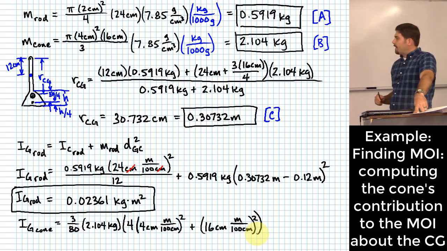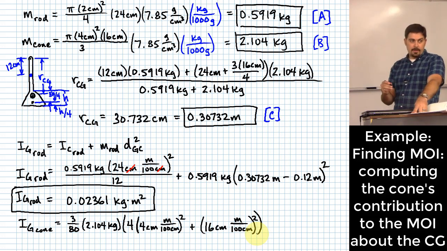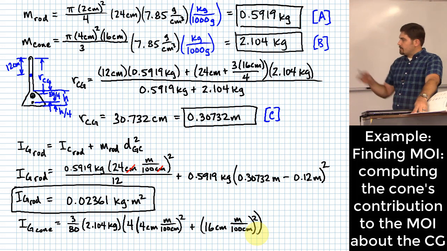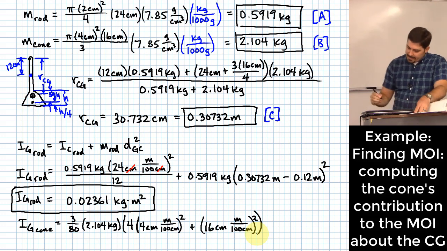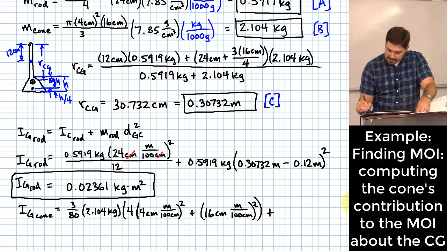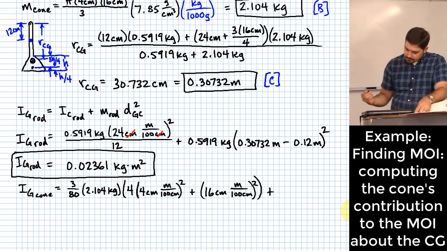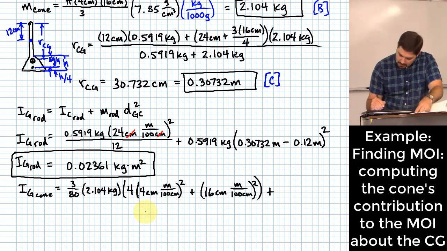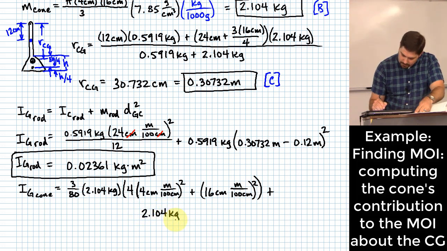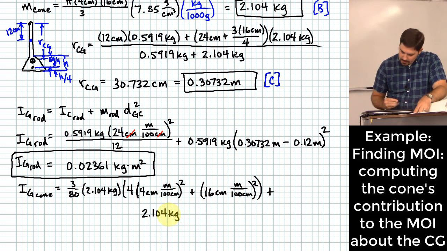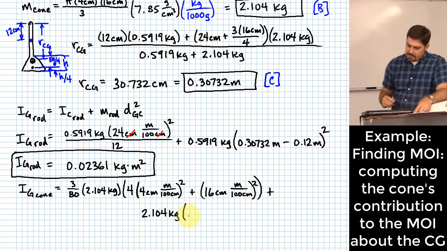Okay, all that stuff that I just wrote right there is just the first term to figure out what the moment of inertia is for the cone. This is the term that figures out what it is for the cone about its own center of gravity. To this, I have to add the parallel axis theorem term, right? So I have to take the mass of the cone, which is 2.104 kilograms, times the distance between these two axes.